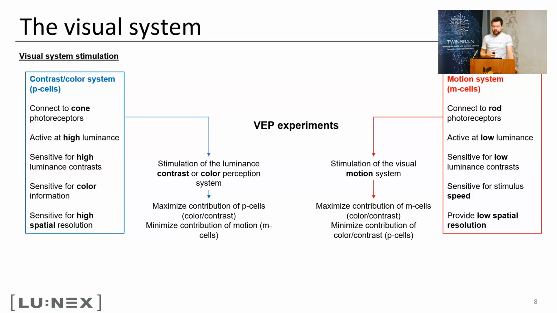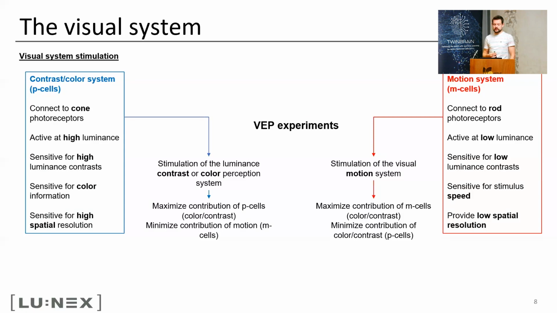So when we are doing visual evoked potential experiments, on the one side we are checking contrast and color, and we have to ensure that we maximize the activation of the P cell system while minimizing the activation of the M cell system, because otherwise we cannot differentiate and we would not know if there is, for example, a deficiency in one or the other system. And the same applies to the motion system, so to the M cells.